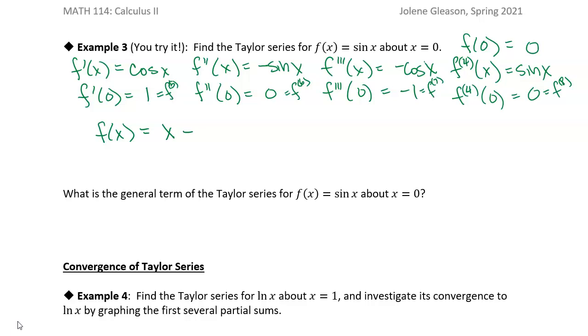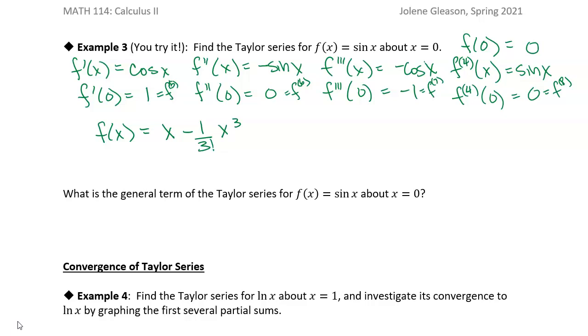The second order term goes away because the second derivative is 0. So let's go on to the third degree term. The derivative is negative 1, right? So I'm going to put a minus 1 over 3 factorial, times x cubed.